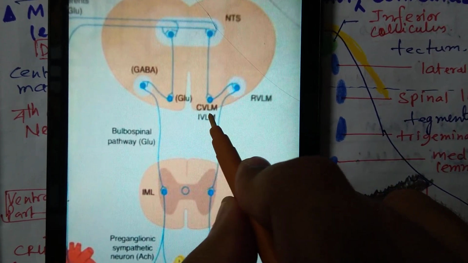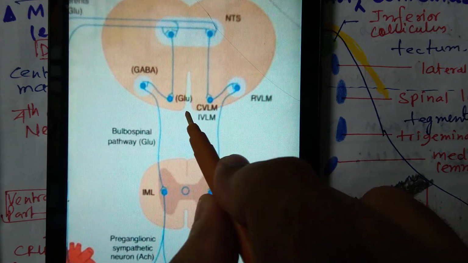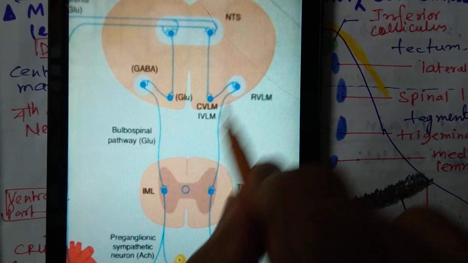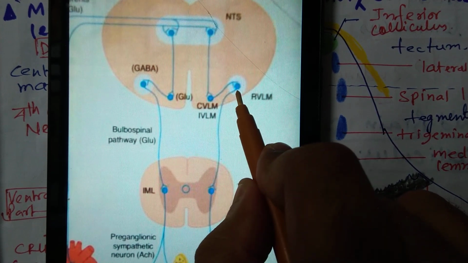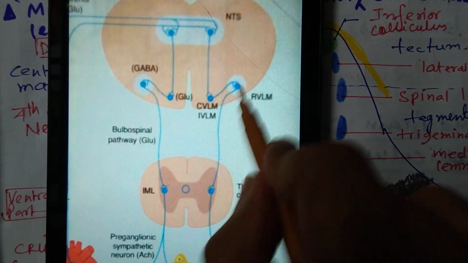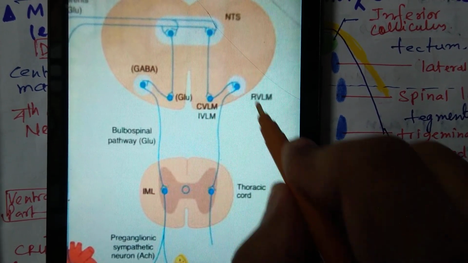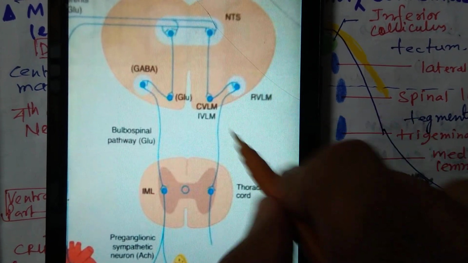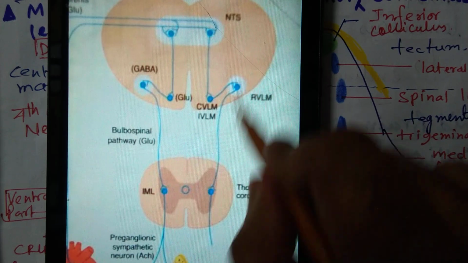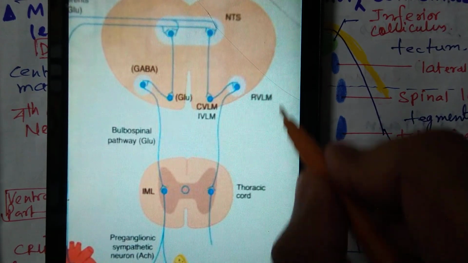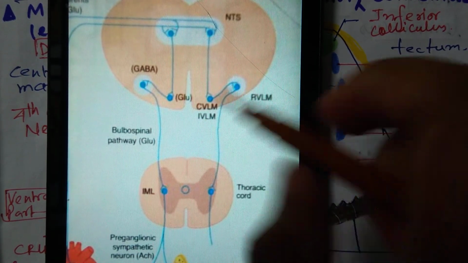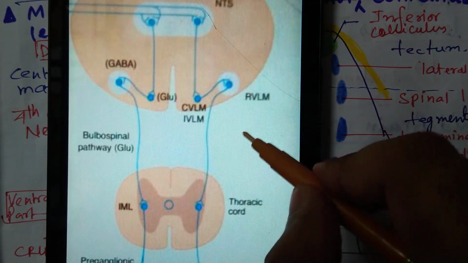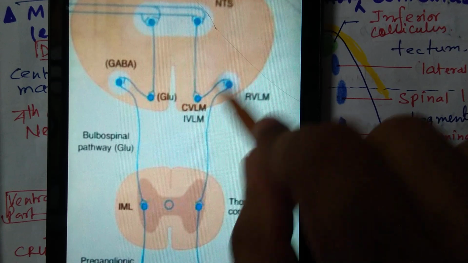Generally they are not activating, they are actually inhibiting. Then let's start from RVLM, the rostral ventrolateral medulla. This is a tonically active center. What do you mean by tonically active center?